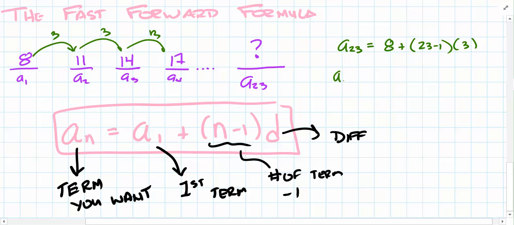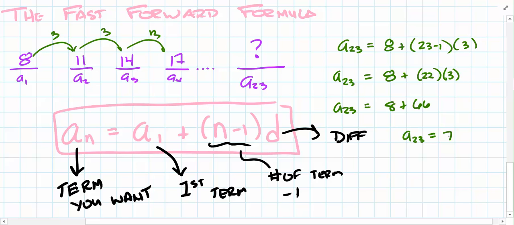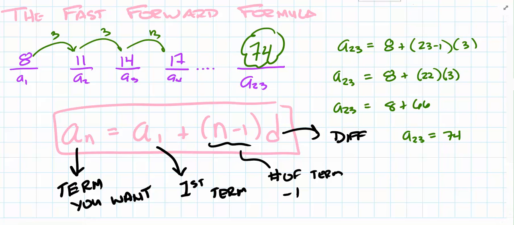So therefore, the 23rd term has to be 8 plus 22 times 3. So the 23rd term is going to be 8 plus, what is that, 66? So the 23rd term, the term that I want, has to be 66 and 8, 74. Awesome. So therefore, we now have fast forwarded all the way up to the 23rd term and found that that term is a value of 74.